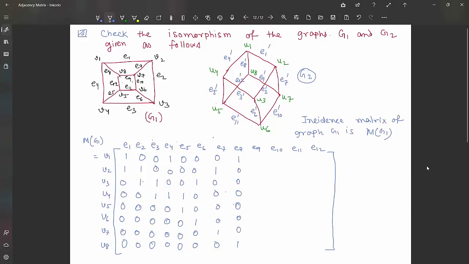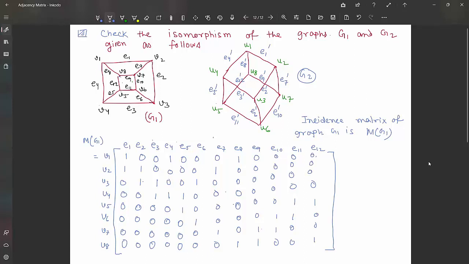Then E9 connects V7 and V8, E10 connects V6 and V7, and then E11 connects V5 and V6, and E12 connects V5 and V8. The rest is 0.